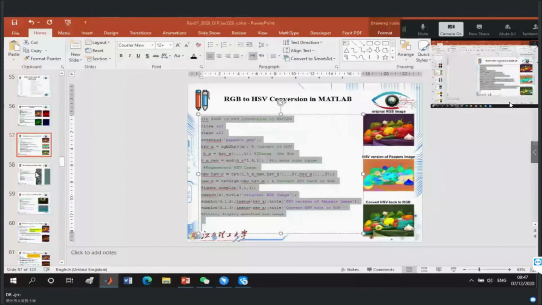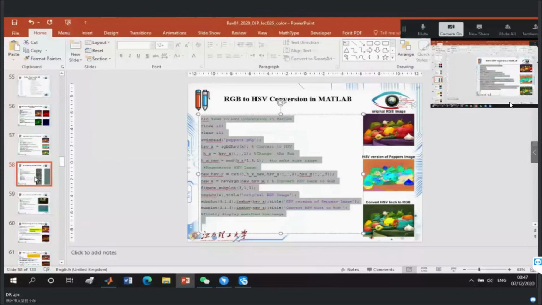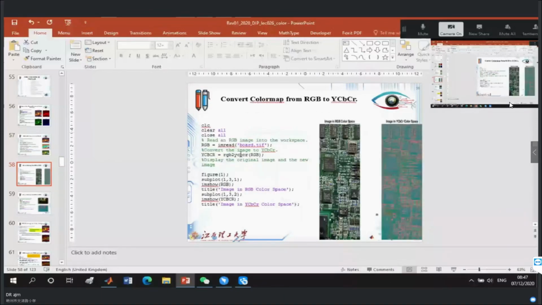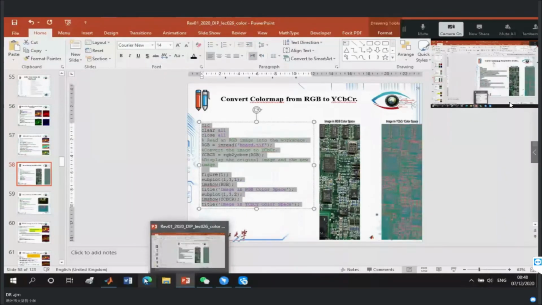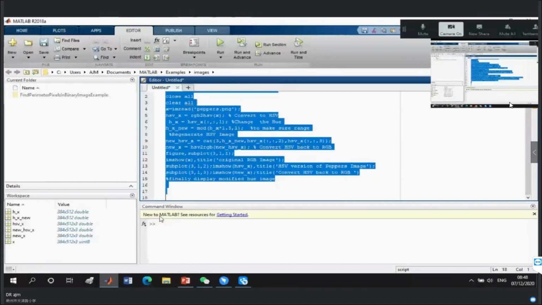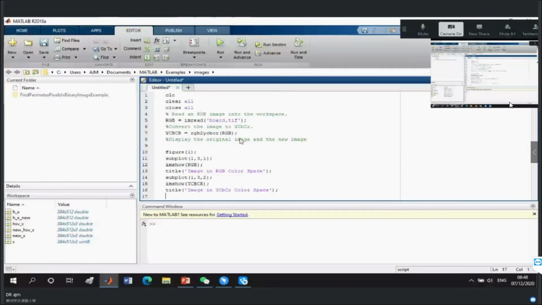Example number 3 is where we convert the RGB to YCbCr. And I should tell you that each model has its application. Don't forget.